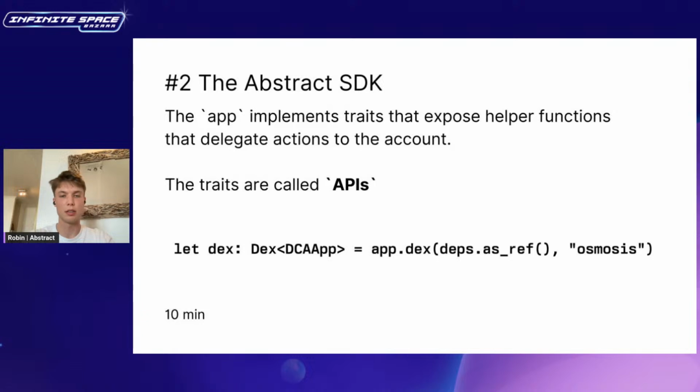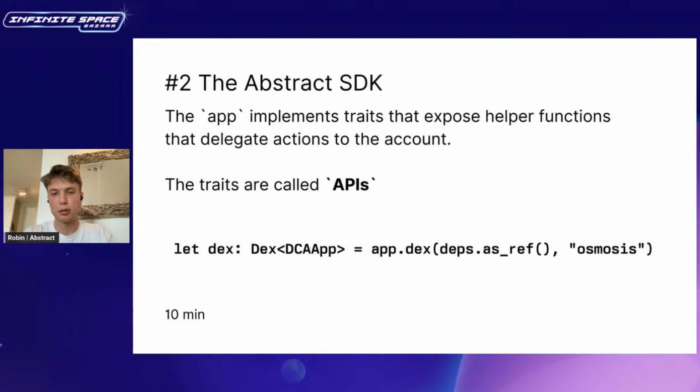So the way that you can do that is to say, okay, I want my Croncat API. And this is exposed with this Croncat interface. So this is imported from the Croncat app. We have this API, Croncat interface, and then we provide the deps.